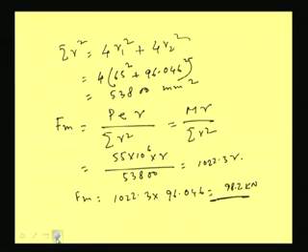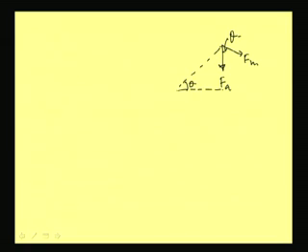Now, we have to see what is the angle between the Fa and Fm, because Fa is this one, Fm. So, we have to see what is the angle, this theta. That also we can find out, because if I see, this is the theta which will become this one.